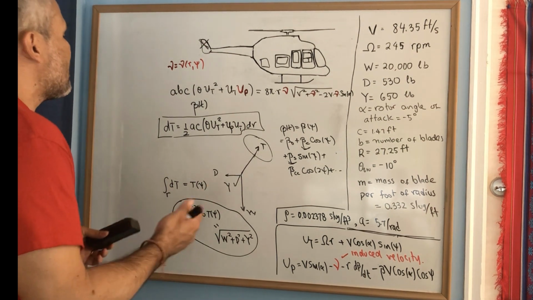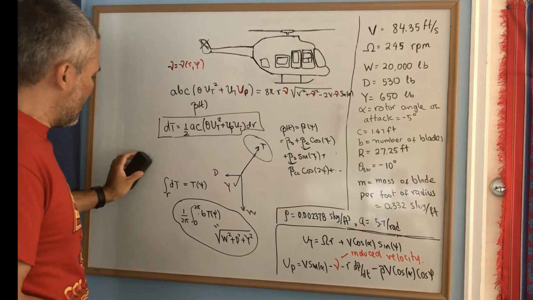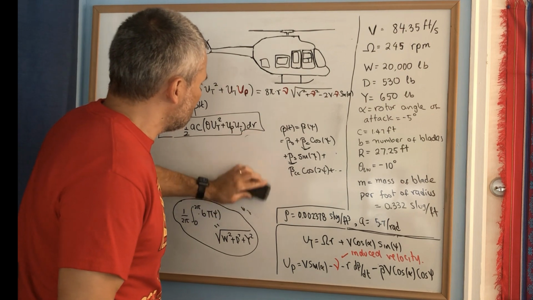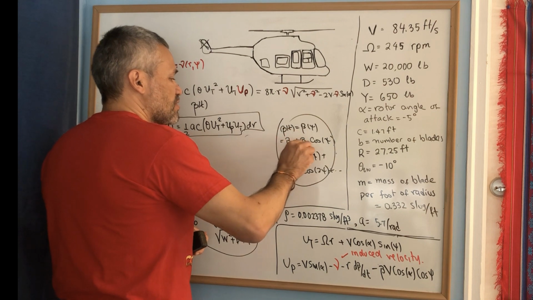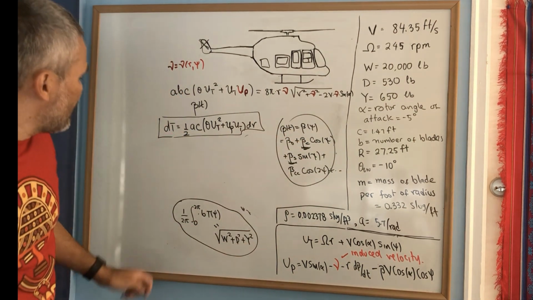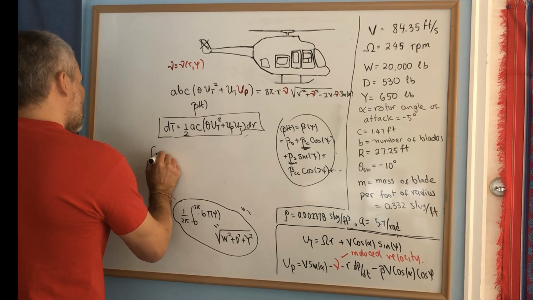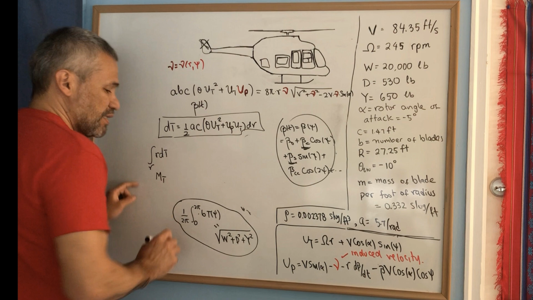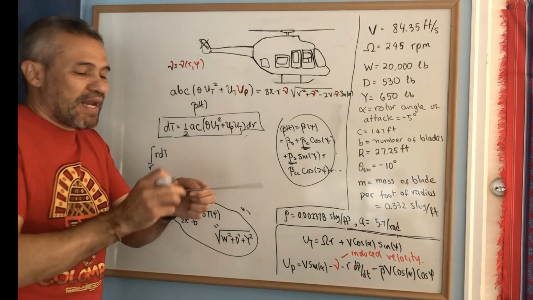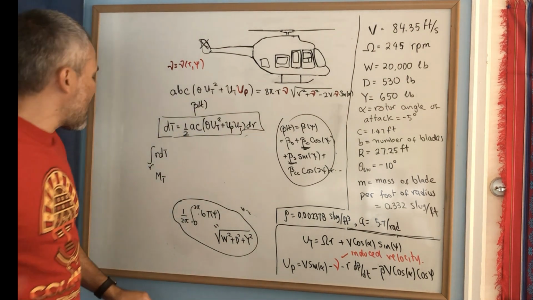The last family of equations that we want is the following. Let me erase this part here. This is concerning the second equation. It is an equation of these two. If we define the integral of r dT with respect to r, this is the moment of the thrust. The thrust of the blade is producing a moment on this blade, and we want to balance this moment.